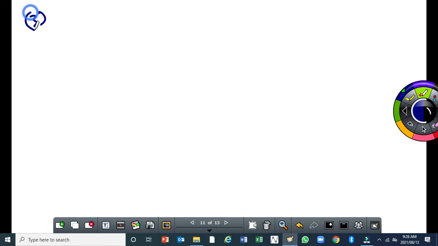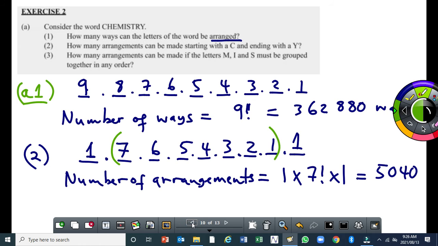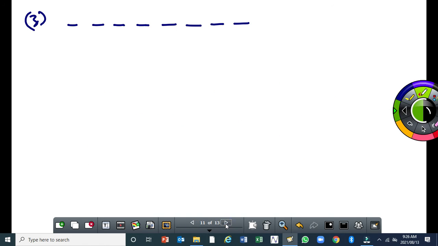So number 3, this is what's going to happen. So we've got 1, 2, 3, 4, 5, 6, 7, 8. Let's fix the M, the I, and the S. So the question says M, I, and S must be grouped together. Let's say if I start with M here, then I there, and then S, right? I have to consider those 3 as one unit because they are a group.